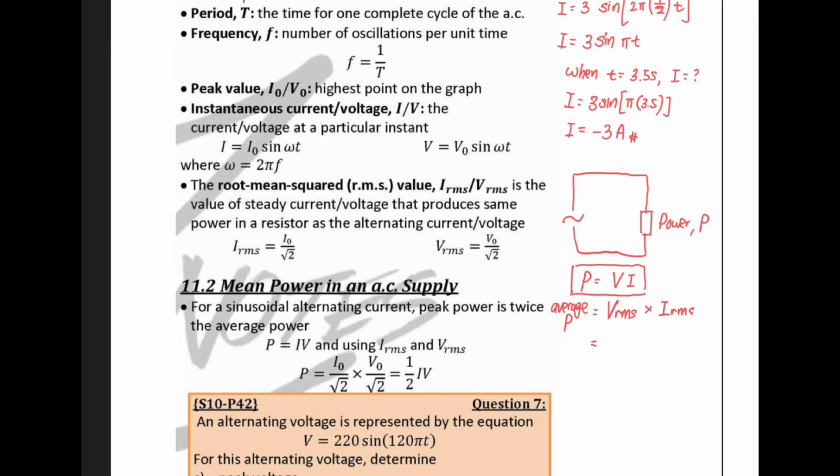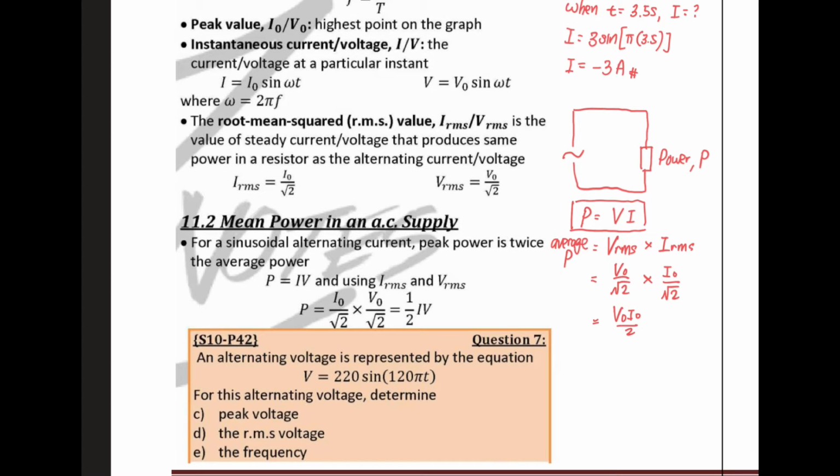The current and voltage are going up and down, but effectively, how much current or voltage is provided by the alternating current? You can work that out using the root mean square value. So we use the formula and it becomes this. Then you get V naught I naught over 2. So this is the average power.